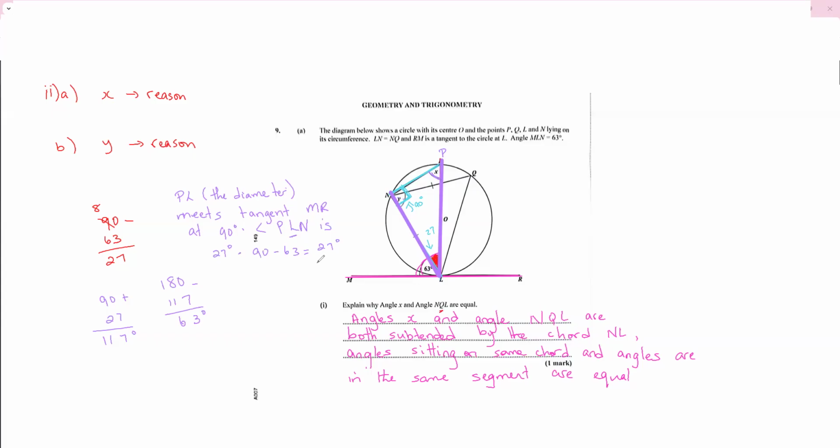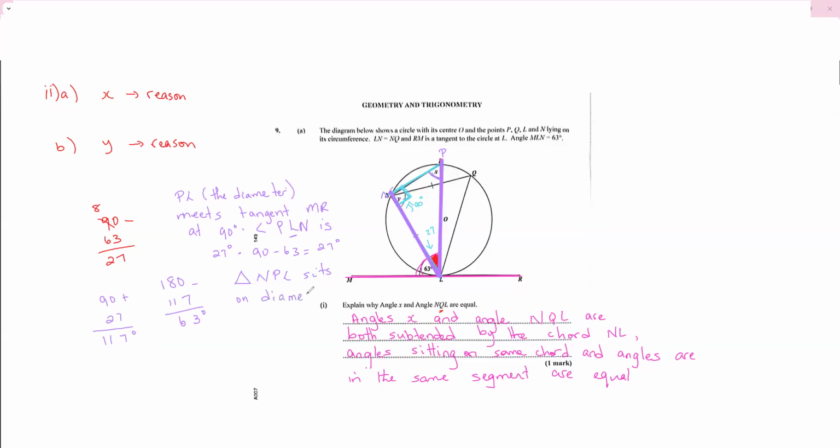Remember, it's math, so it doesn't have to be a lot of words. Show your work and explain it clearly, right? So next, we know that triangle, I'm going to use the triangle symbol, NPL, sits on diameter.